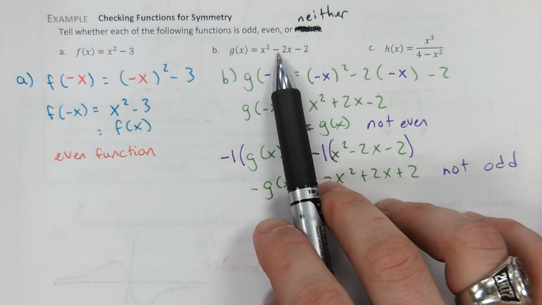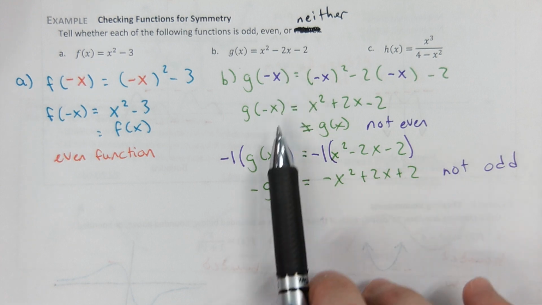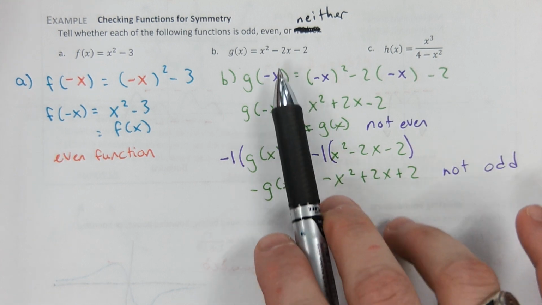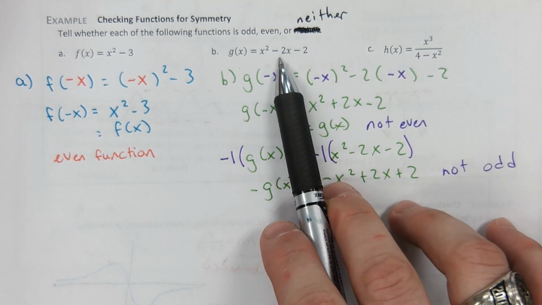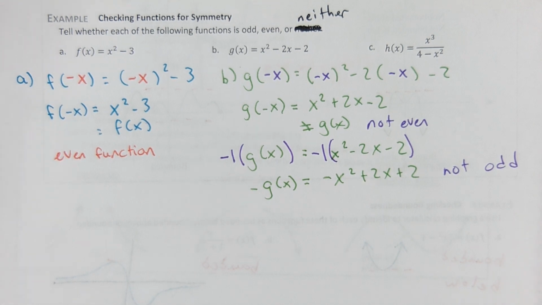If I had made this plus 2x and then replaced this with a negative x, I would have gotten a minus here. But that still would have said plus. So not quite. Anybody else? If I got rid of what? Okay, if I just crossed off negative 2x, sure. That would have made it even because it would have looked like a. What other thing could I have done without getting rid of anything?